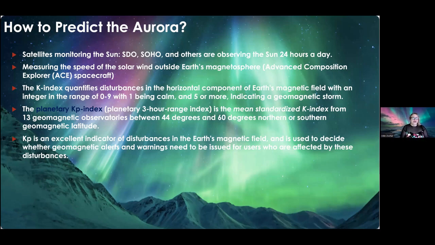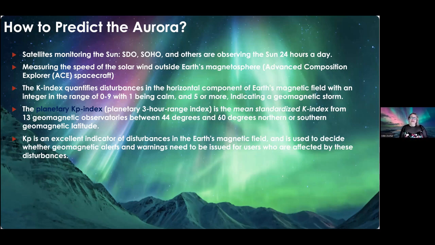So the satellites that are monitoring the sun are SDO, SOHO, and others that are observing the sun 24 hours a day. And they are measuring the speed of the solar wind outside the Earth's magnetosphere with the ACE spacecraft.